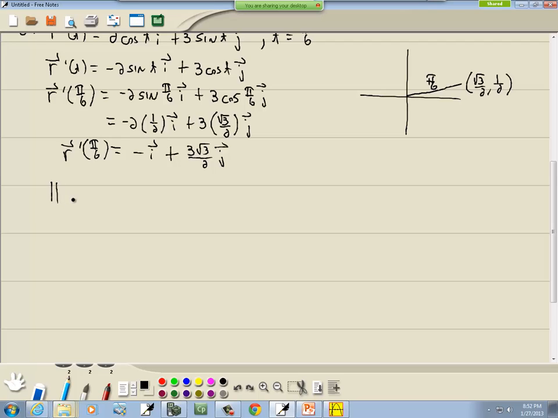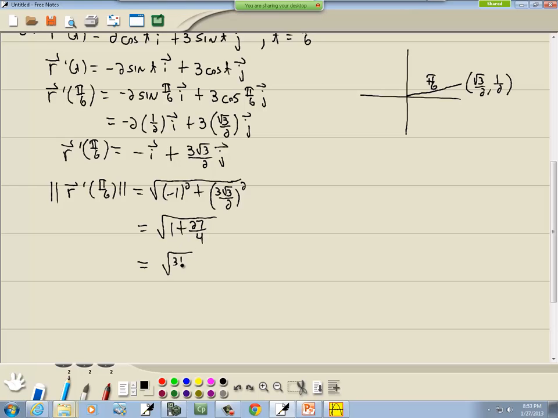Okay, well, let's find the magnitude. So we have the square root of negative 1 squared plus 3 square root of 3 over 2 squared, which gives us 1 plus, when I square the 3, I get 9, and I square the square root, I get 3, so that's 27, and I square the 2, and I get 4, which gives us square root of 31 over 4.